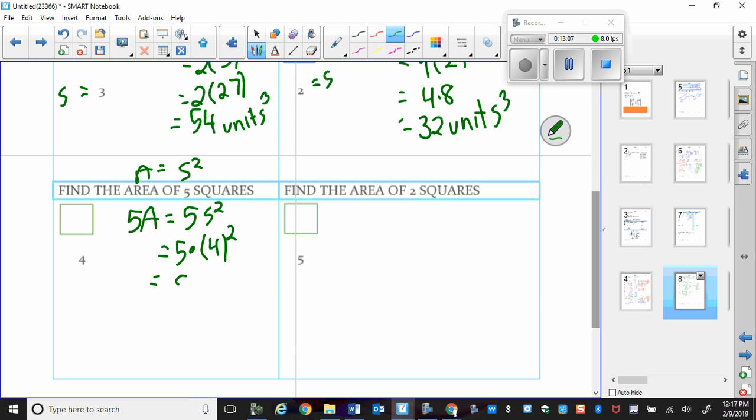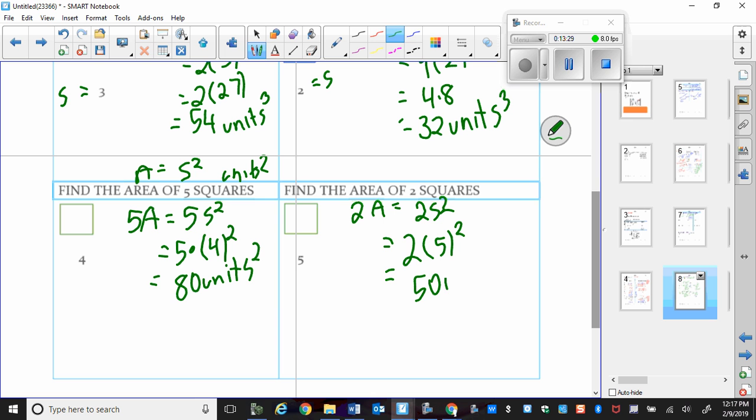This is 80 units, and the units are squared. Okay, just find the area of 2 squares, so 2 areas, okay, equals 2S squared. This equals 2 times 5 squared, or 50 units squared.